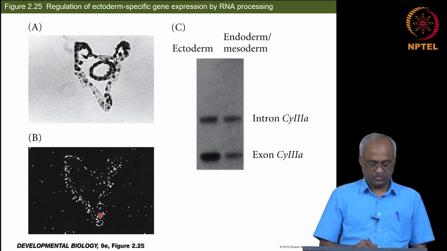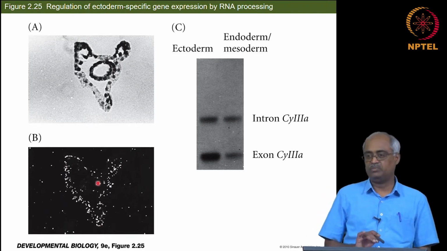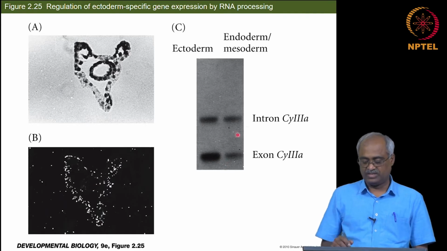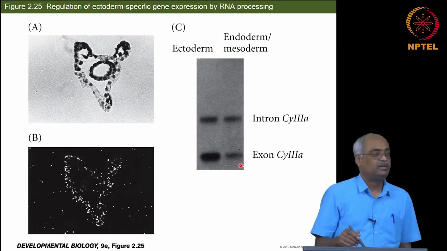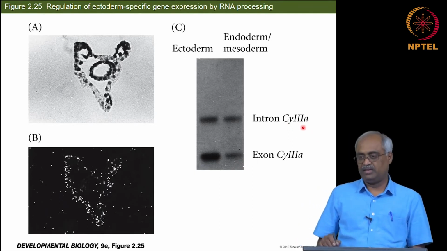That is expressed only in a few ectodermal cells, not all over the embryo, and that is further illustrated in this northern blot, where RNA isolated from ectoderm in lane 1 and RNA isolated from endoderm and mesoderm in lane 2 are run separated electrophoretically, transferred to membrane and probed with a radio labeled probe for CY3A.